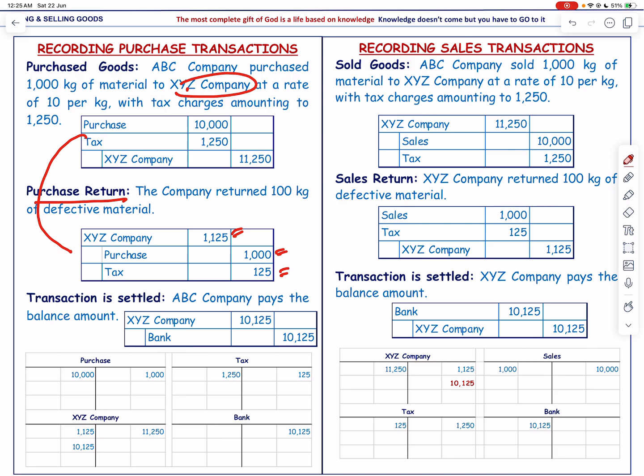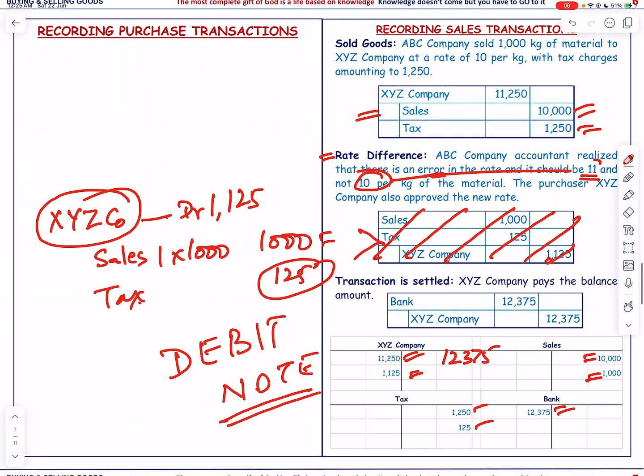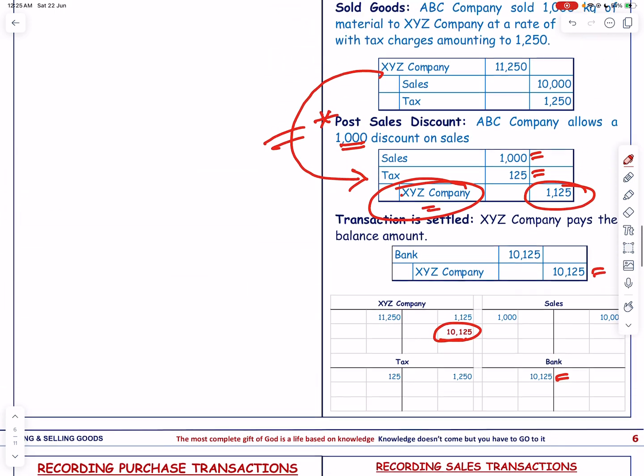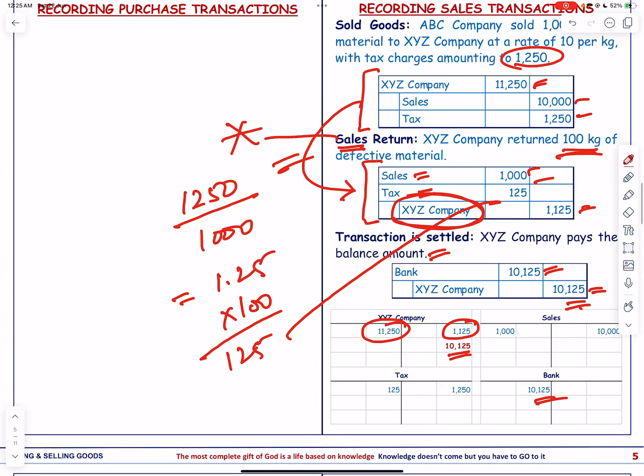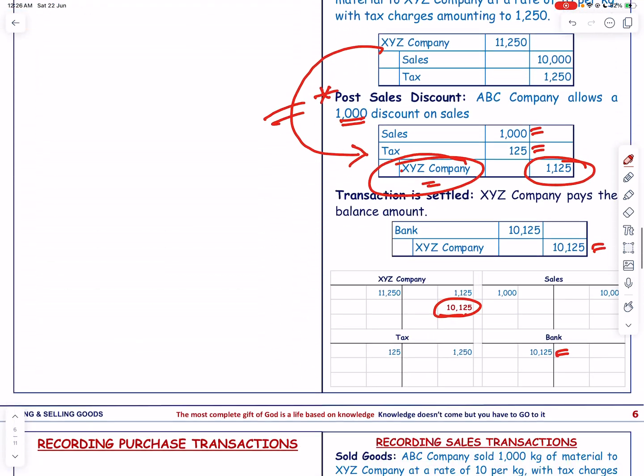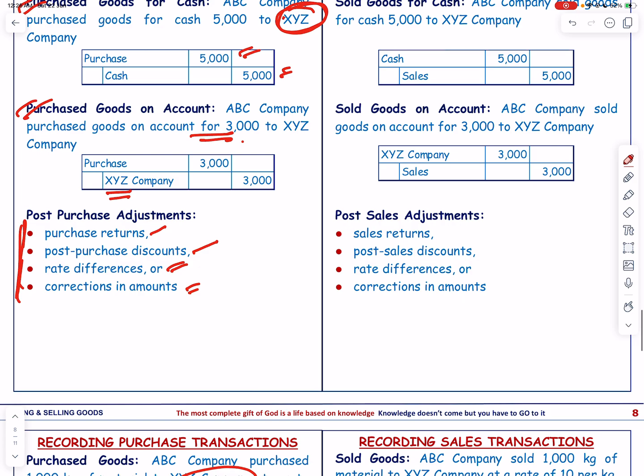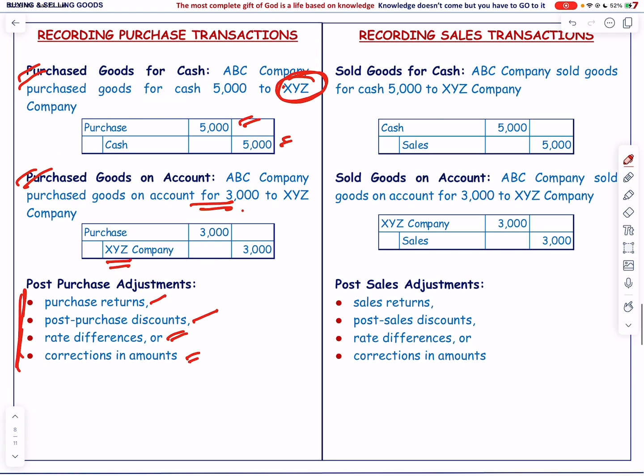You can recall that in the case of sales return, the seller ABC company issued a credit note. So this practice underscores the standard protocol where the issuer of the initial transaction document assumes responsibility for issuing a credit note in scenarios involving returns. So this is going to be a credit note.